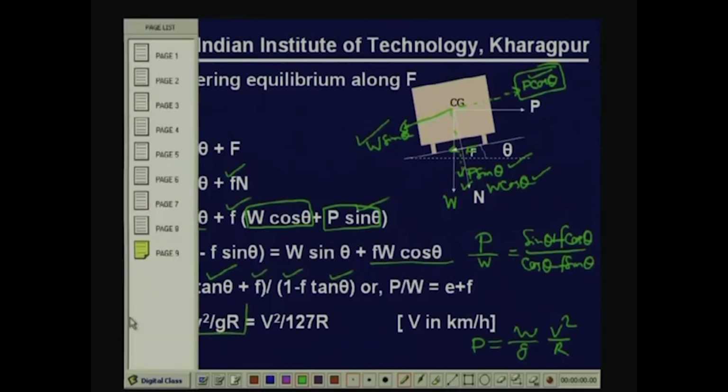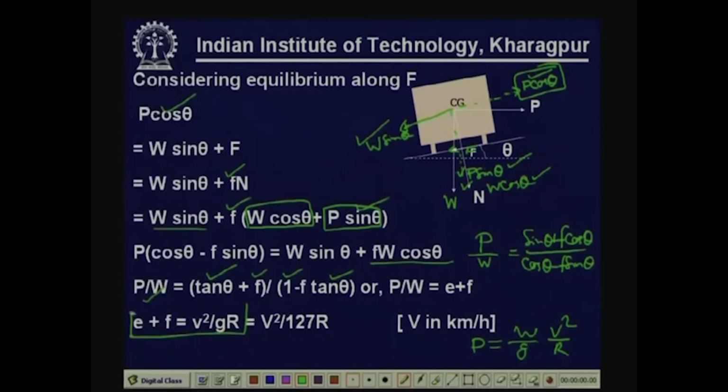This is the very basic equilibrium equation we shall use frequently in the subsequent discussion. So, V square by g r equal to e plus f: super elevation plus coefficient of friction together should be equal to V square by g r.